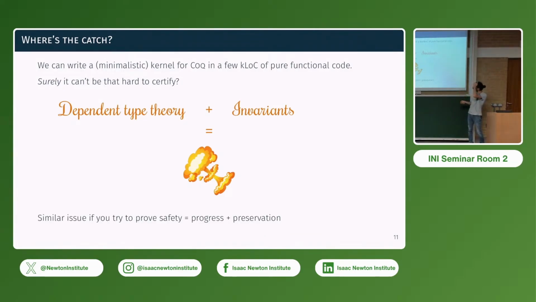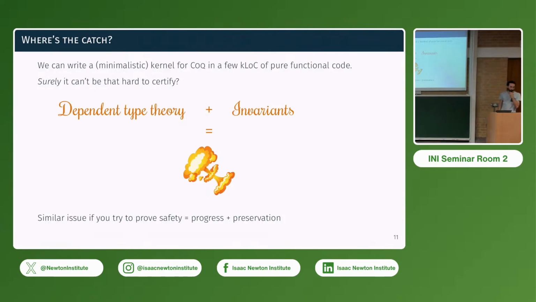And similarly, if you want to prove the typical PL meta theory things, like progress and preservation, you end up with similar issues: these also need similar properties to those you need to establish the invariants in the kernel. I'll get to what this is in a minute. But basically, the message is that meta theory is really necessary to get there.